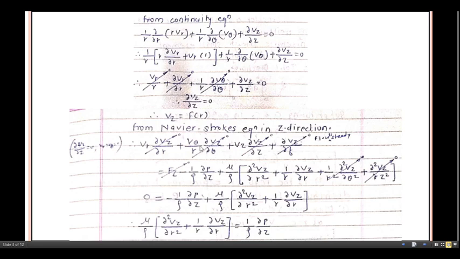Now as per the assumptions, these terms become 0. As Vz is a function of r, this term will remain in the picture.